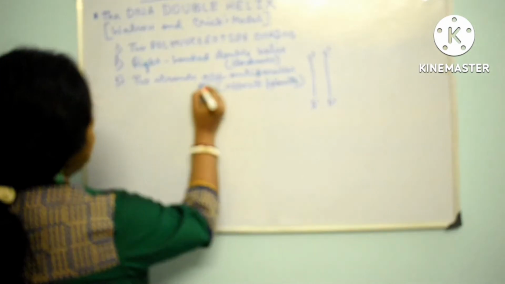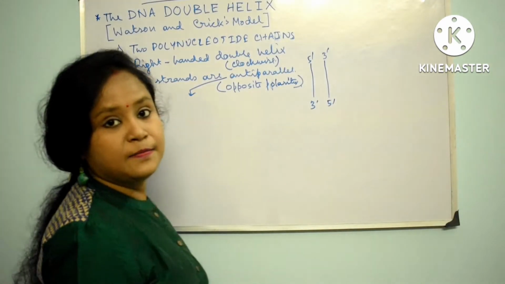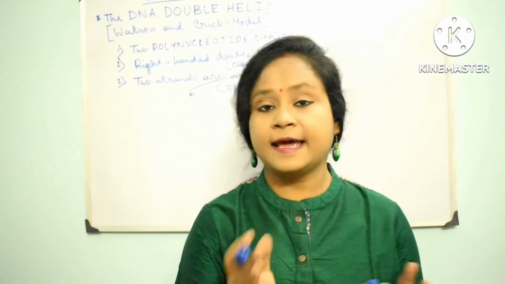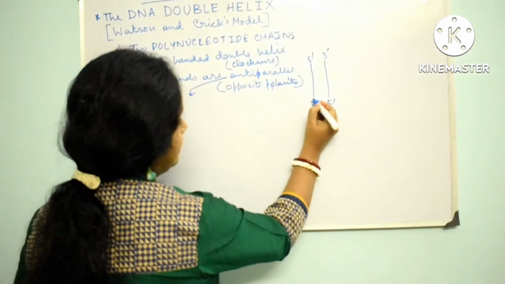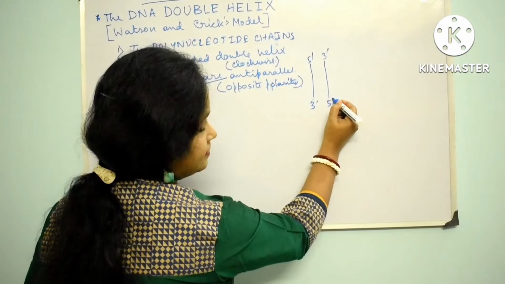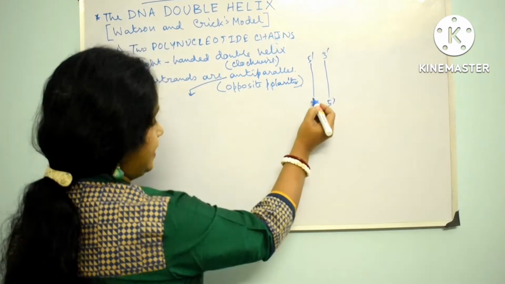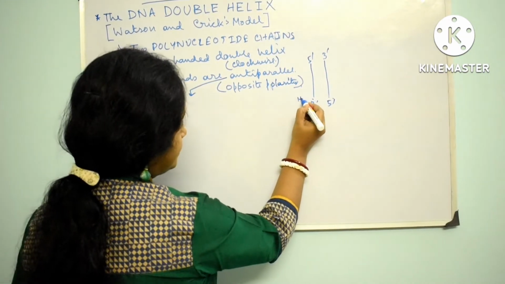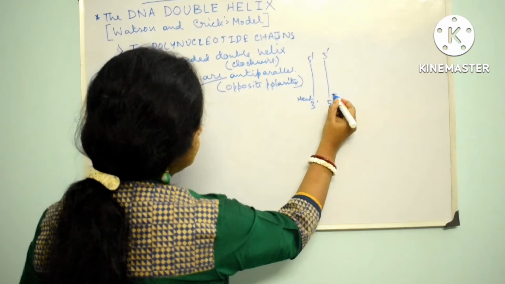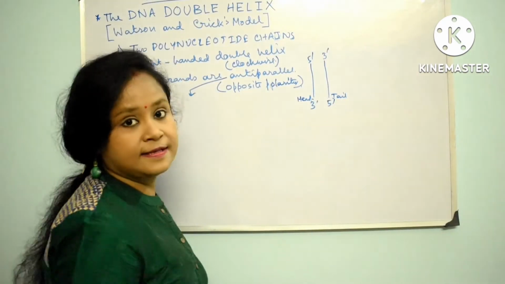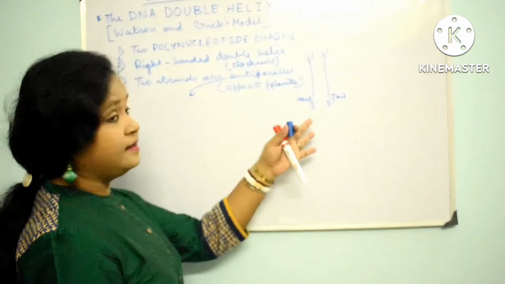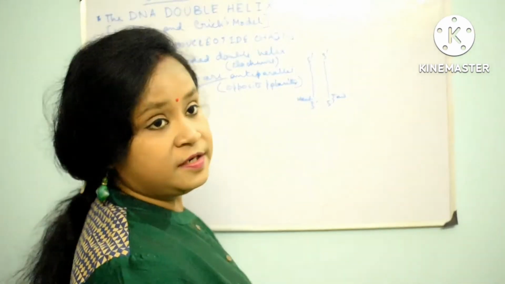And what does anti-parallel mean? Anti-parallel means the head of one chain is against the tail of another chain. The head of one chain is here, and the tail of the other chain is here. This is known as anti-parallel and opposite polarity.